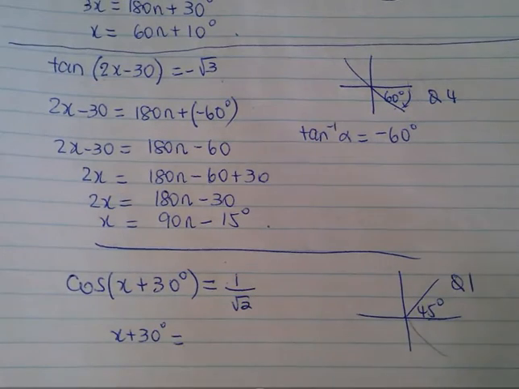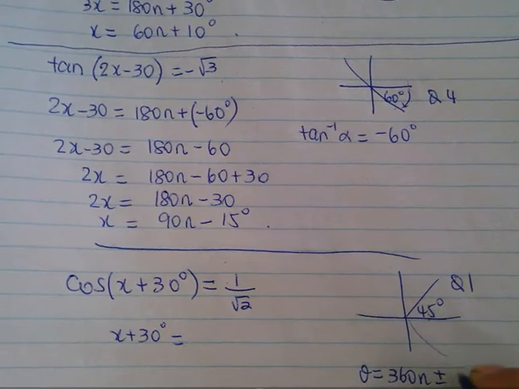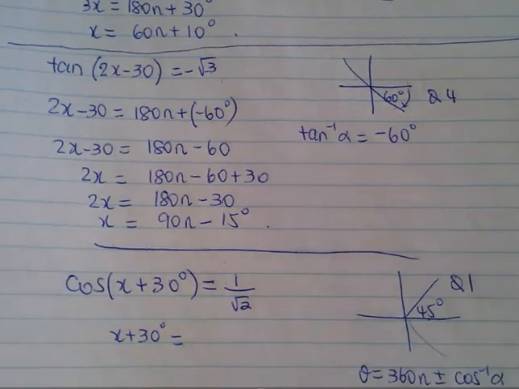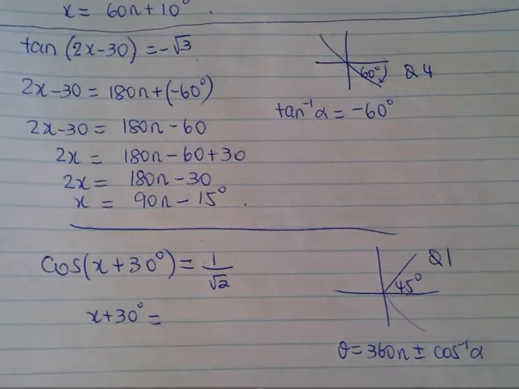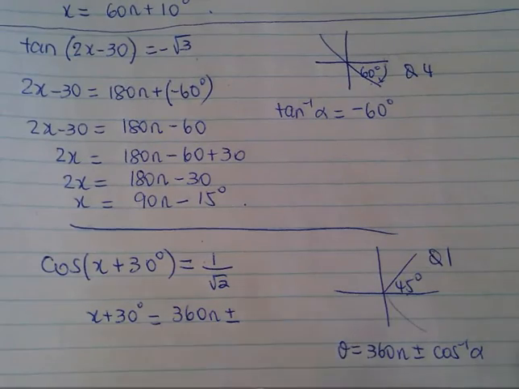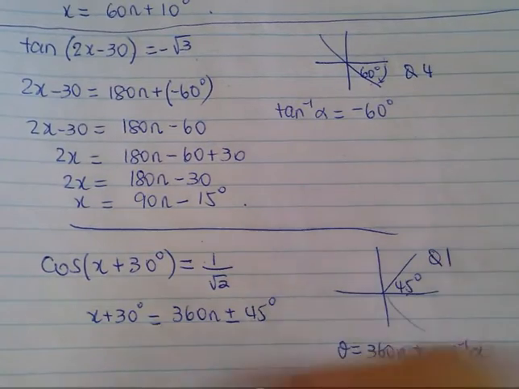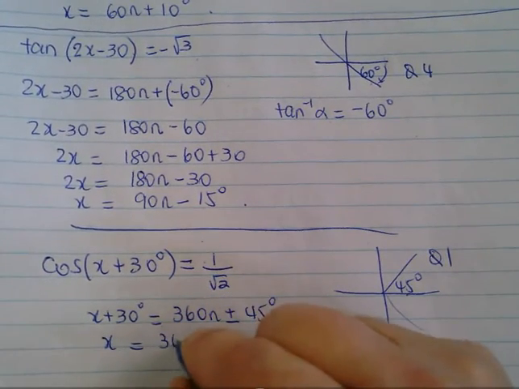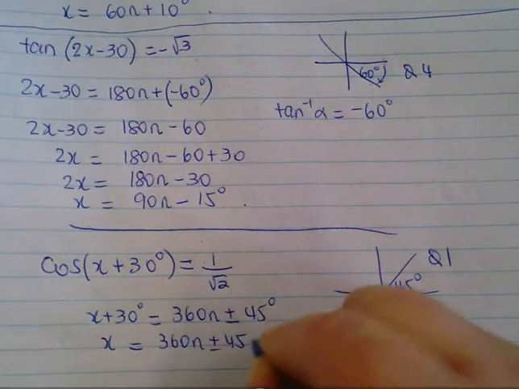Now the general solution, theta is 360n plus or minus cos to the minus 1 of alpha. That's what you'll see on your formula sheet. So it's 360n plus or minus 45, and you just do what? So we just subtract 30. Oh, be careful.